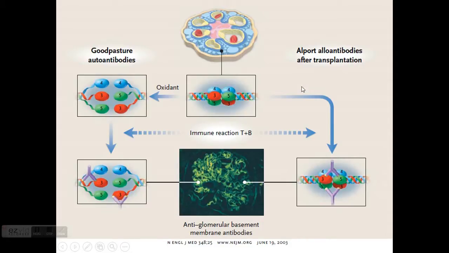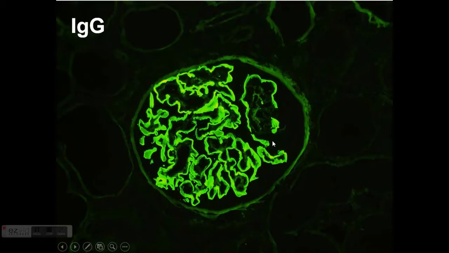Similarly, we may see antibodies against GBM in patients with Alport syndrome that are transplanted, and their immune system doesn't recognize the normal GBM as normal, but rather as foreign, and then they can build different antibodies against GBM in that situation.